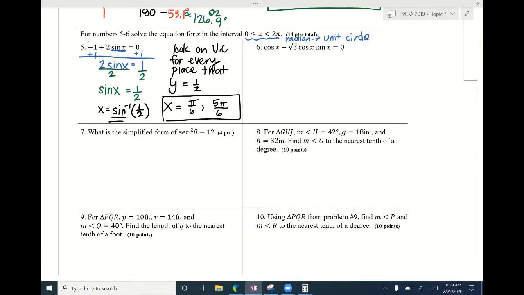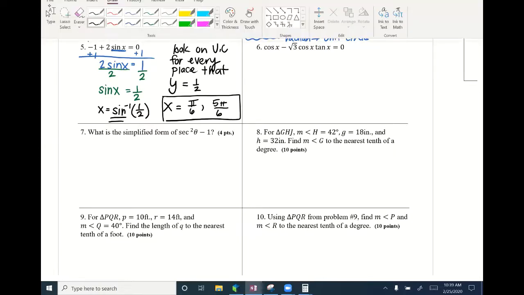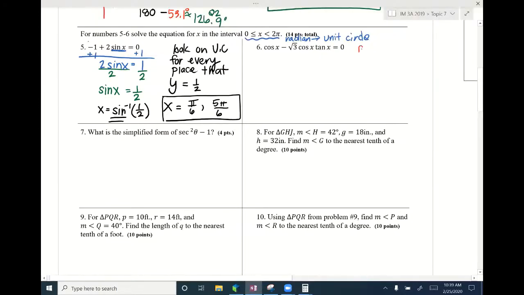Structurally, problem 6 is the same in the sense that I'm going to solve for a trig function and then use the unit circle. What makes it complicated is that I have multiple trig functions. When it's equal to 0, that's a hint that you should factor. What I'm doing when I'm factoring is undistributing the trig function that's in both terms. Both terms have a cosine of x, so I'm going to factor out the greatest common factor, which is cosine of x.